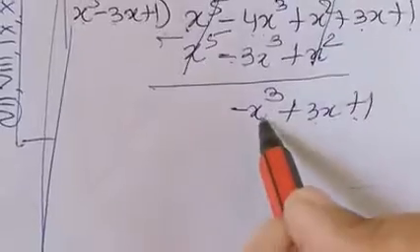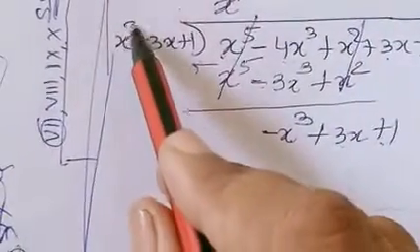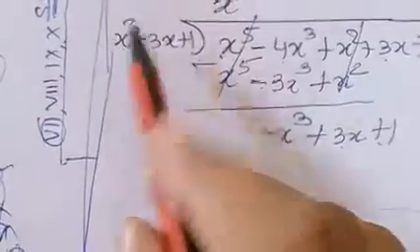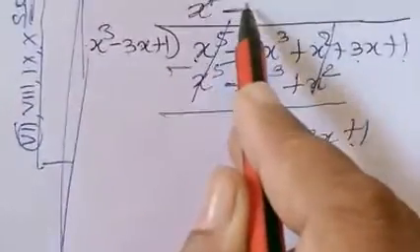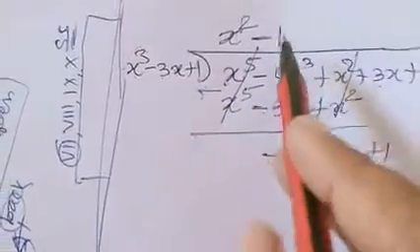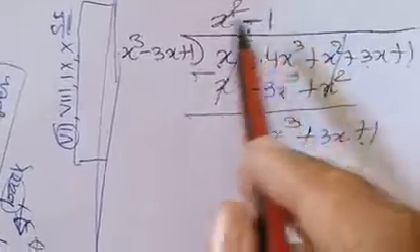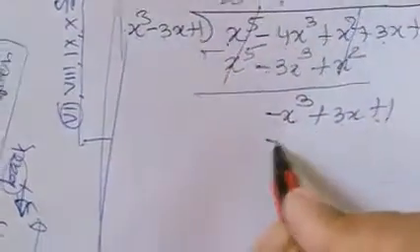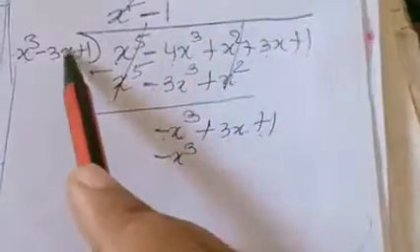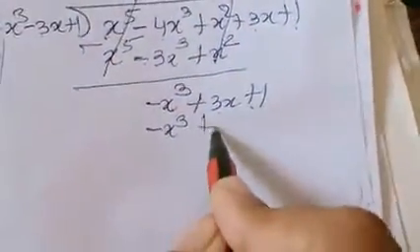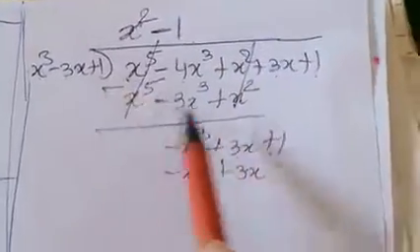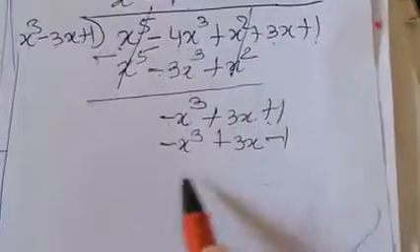Next, here we have x cube. Here also x cube. Means no need of more x. But here minus sign, here plus sign. Then we required minus 1. Means if we multiply by minus 1, then we get the term required. Minus 1 into x cube will be minus x cube. Then minus 1 into minus 3x, that is plus 3x. Minus 1 into plus 1 is minus 1.